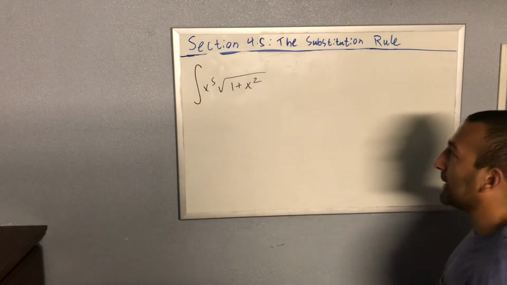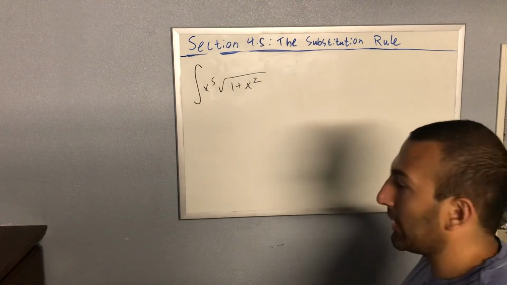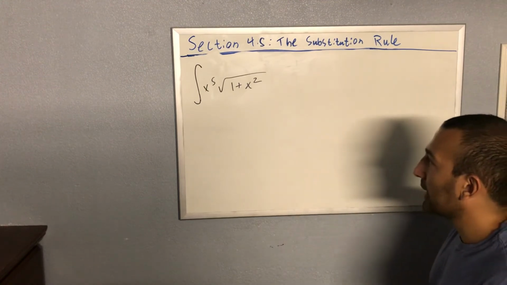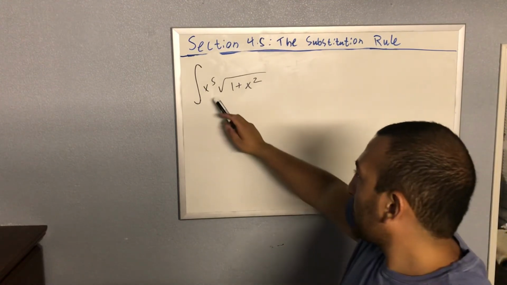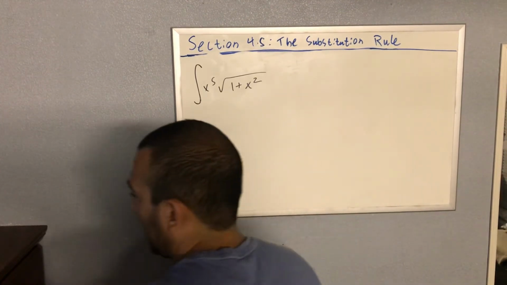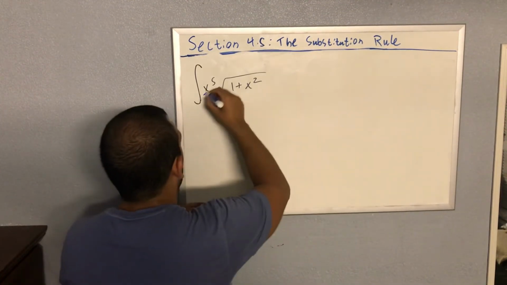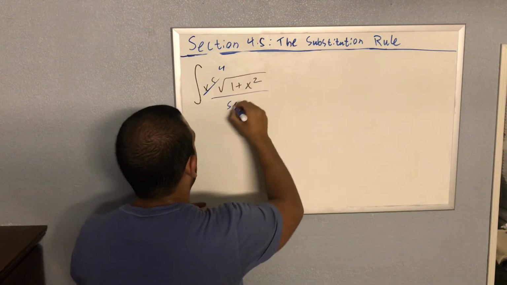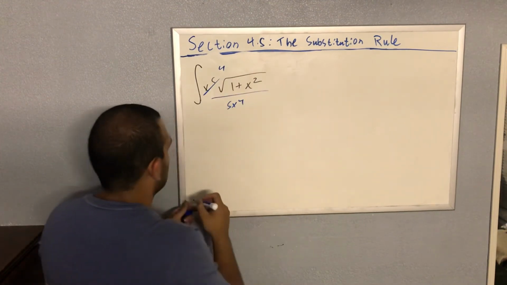Now you can see that any choice of u, the obvious ones, aren't going to do enough, right? The derivative of this is 5x to the 4th. So if this goes to u, and you divide by 5x to the 4th, that's not going to cancel anything.